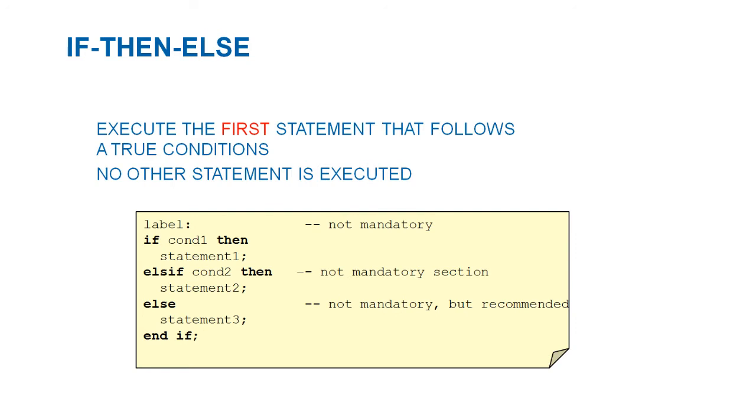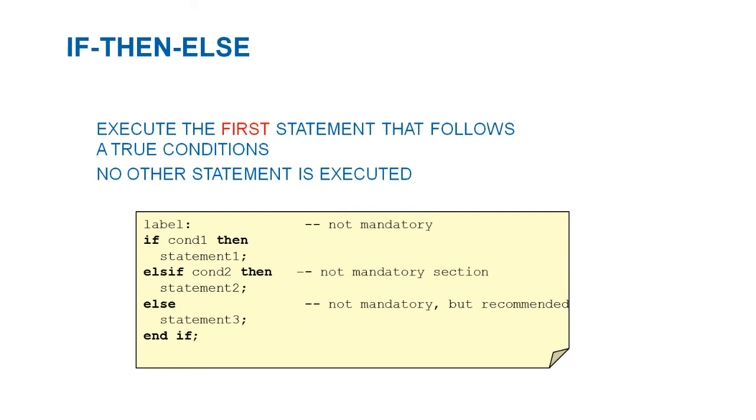We have a label, and we have the condition, which is necessary with the if statement. So if condition 1 is true, execute statement 1. Else, if another condition is true, execute statement 2.